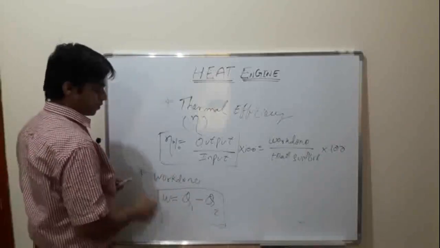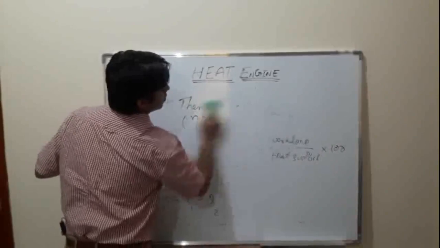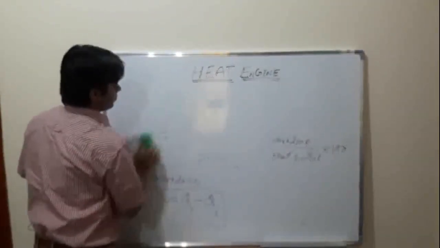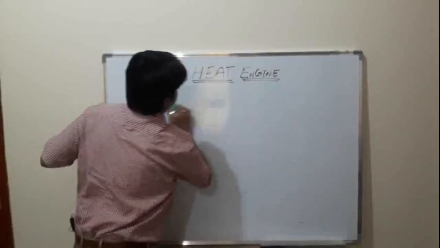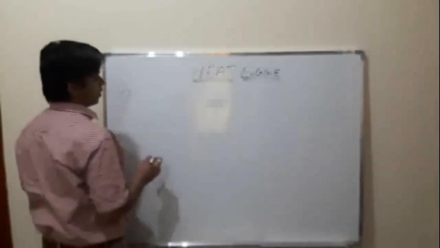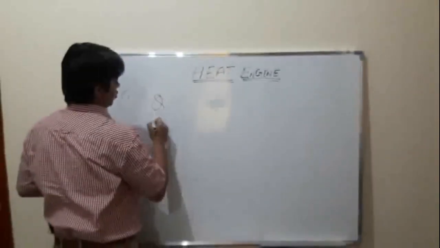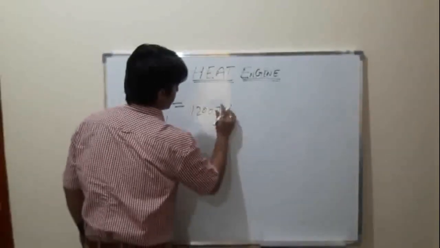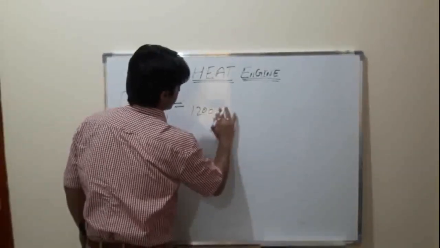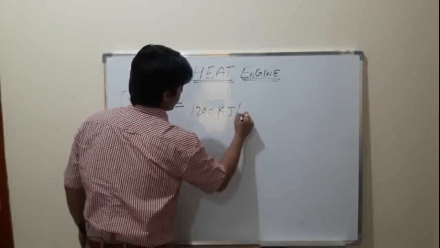Now we will go for a basic example of a heat engine. If in the exam you are asked to find the thermal efficiency, let us take an example: a heat engine receives heat at the rate of Q1 equals 1200 kilojoules per minute.